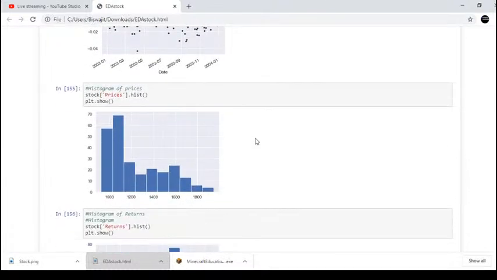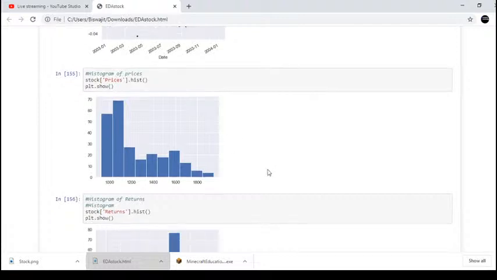Oftentimes we do not look at the histogram or the kernel density of time series data, but as I said, descriptive statistics is very important. So is the histogram and kernel density plot of the time series. And how we can do that is using the hist function. As you can see, for most part of the year, the stock index was around 1000 to 1200, and only for a small part of the year it changed significantly from there.